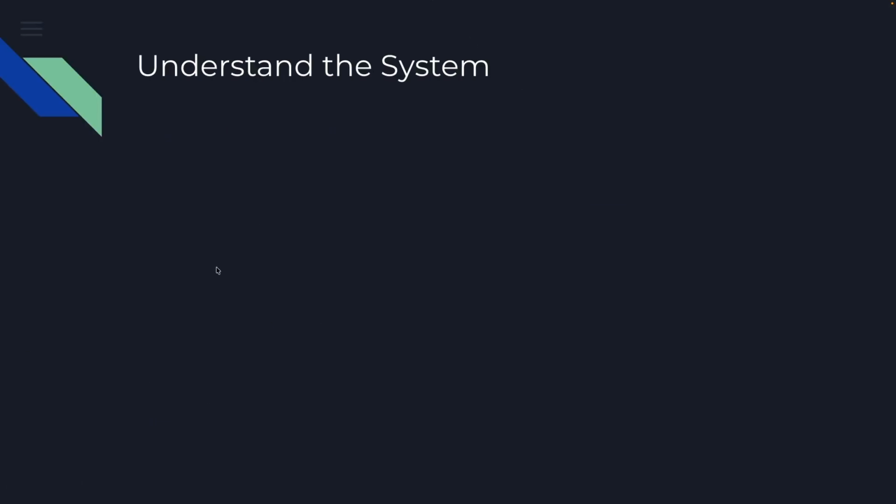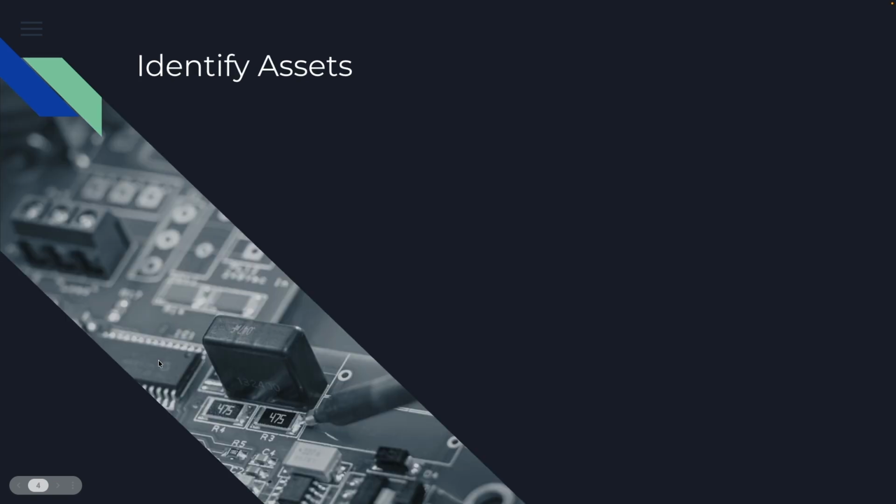Before thinking about attacks, we first need to understand the system. This mobile application communicates with a backend API, and the backend stores the data in a database. So threat modeling always starts with architecture, because attackers don't attack code first, they attack the system.